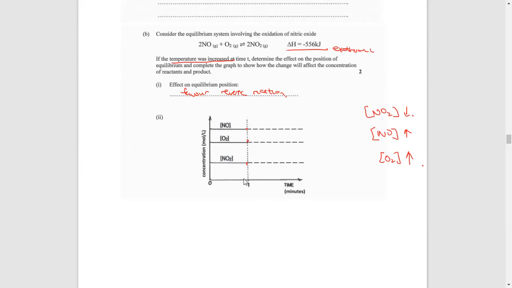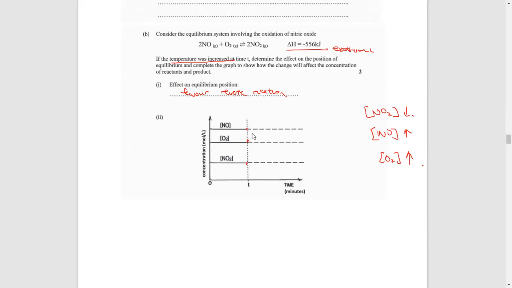That is different to when you add or remove a particular product or reactant, because that one will suddenly jump up if you're adding it, or jump down if you're removing it. It is also not the same if you were doing changes in volume or pressure, because any of those changes would affect all the gases equally. Whereas in temperature, there's going to be no change at all at that particular time.